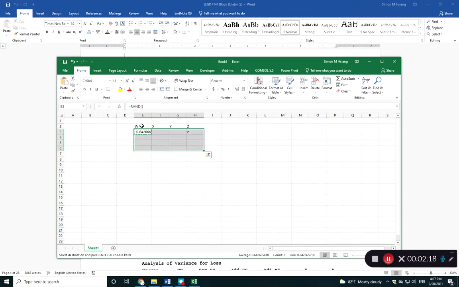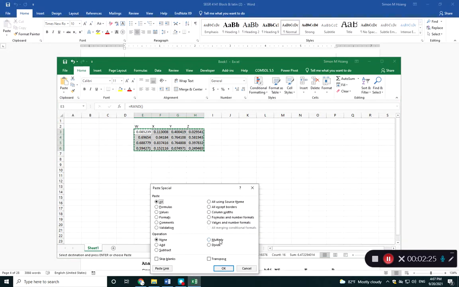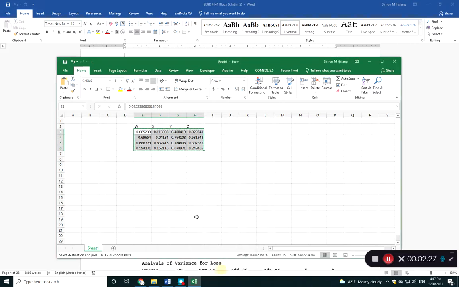So I said I have tons of observation here, and then paste special value, and then let's use the percentage to make it look easier. So if I have the data set look like this, what do you do?